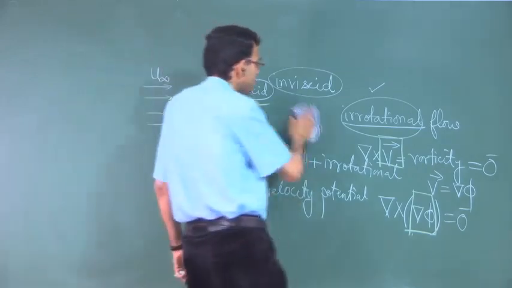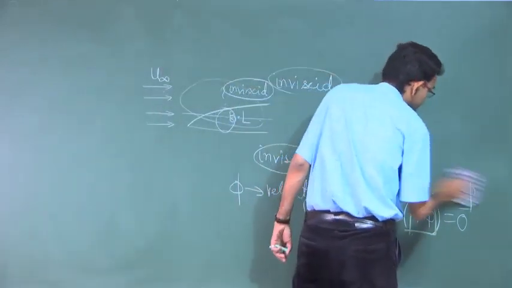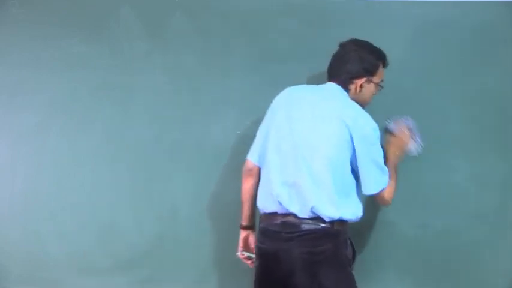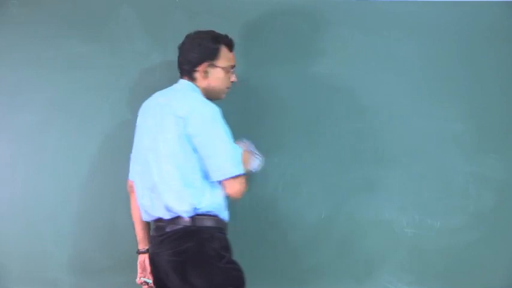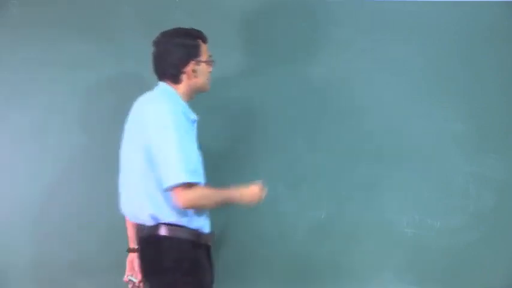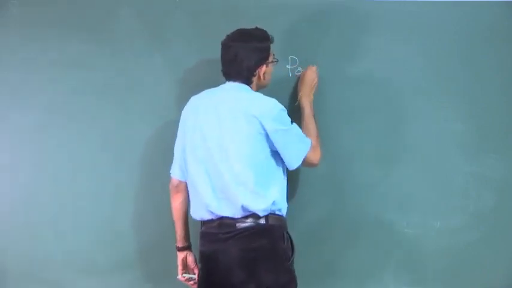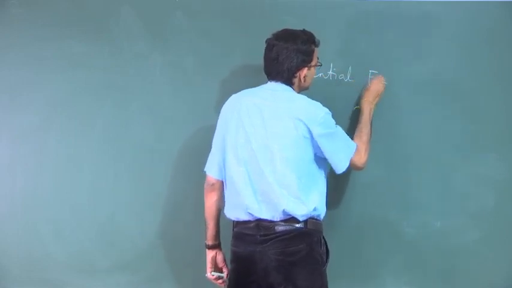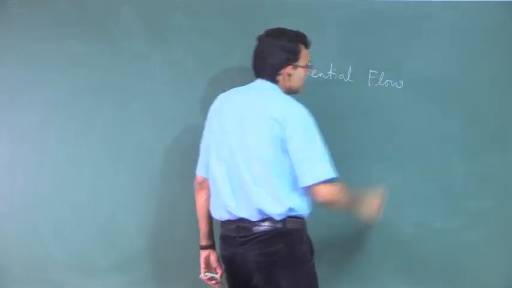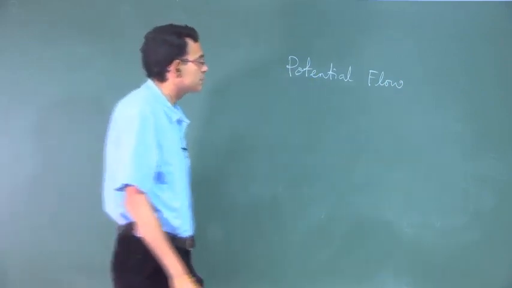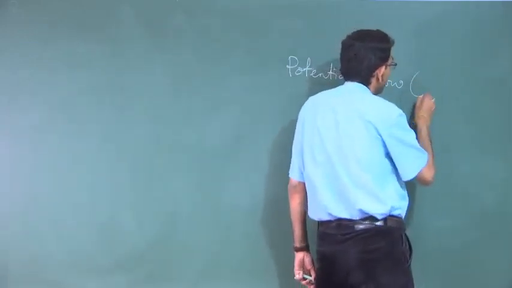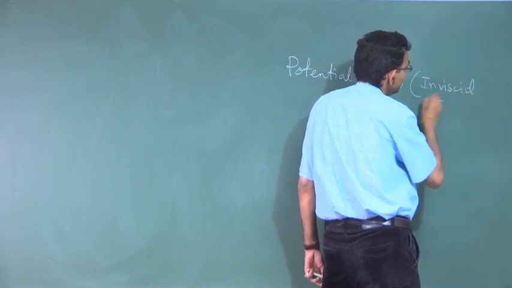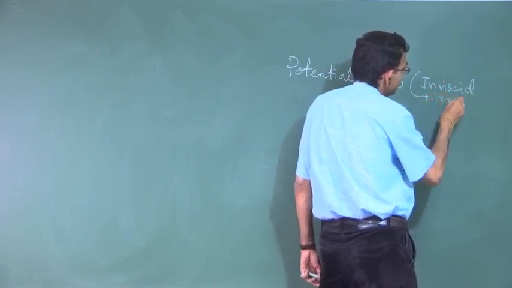So, with this background, we will start with this chapter of potential flow. This is essentially inviscid plus irrotational flow.